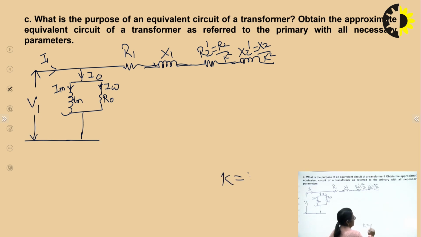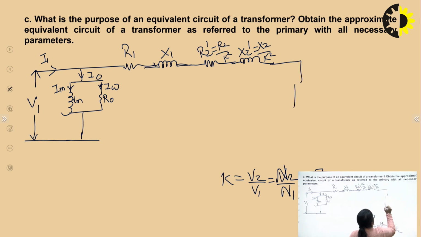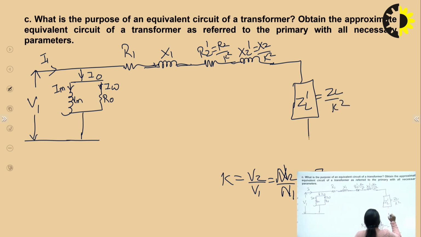K is the transformation ratio given by V2 by V1, given by N2 by N1, given by I1 by I2. Right? This is the transformation ratio. Now our load, that is ZL dash, is given by ZL by K square.